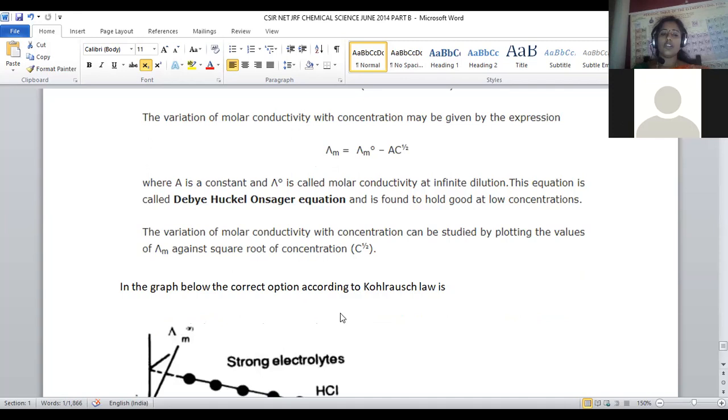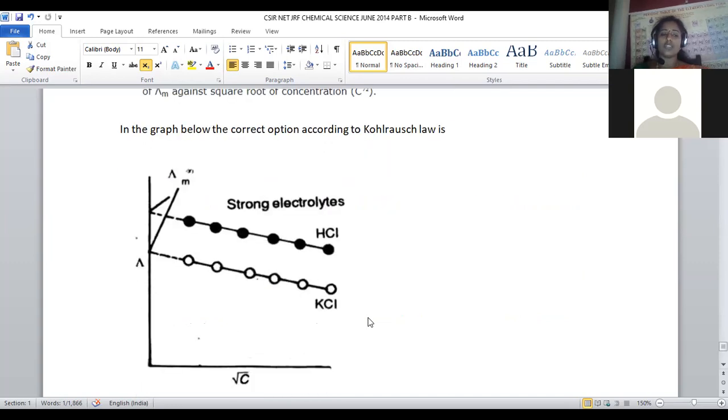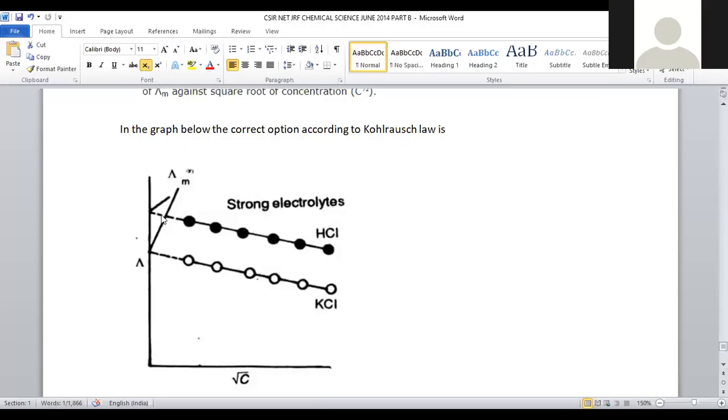So here the graph is plotted between lambda and the root of concentration. So lambda value versus under root C concentration. If the given compound is a strong electrolyte, the line will be straight and sharp.